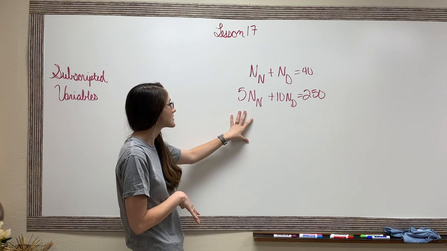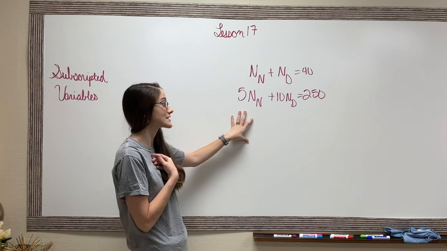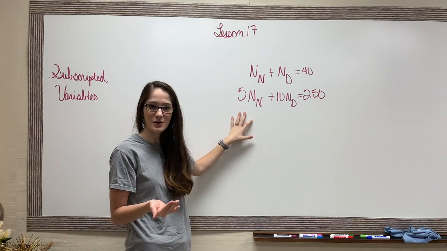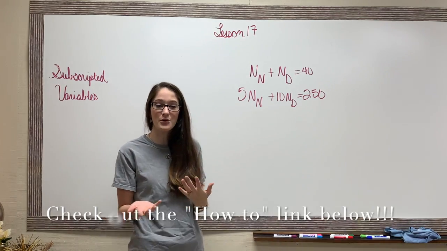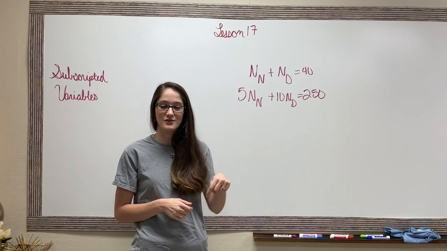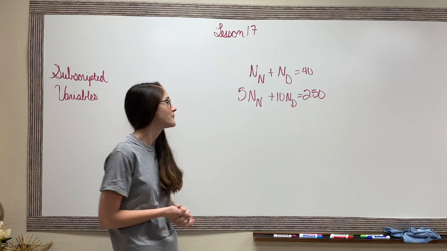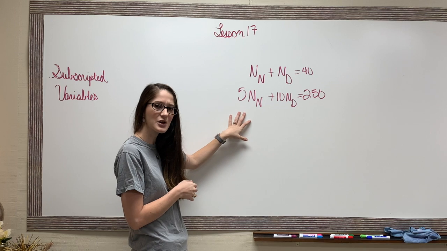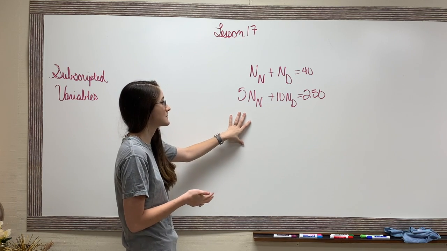But with this, when I see this, I instantly think, awesome, I can solve this in my calculator using the system equation program. If you need help remembering how to use that program in your calculator, there will be a link in the description below. But with this, I don't have to use the calculator program. I could also use substitution.